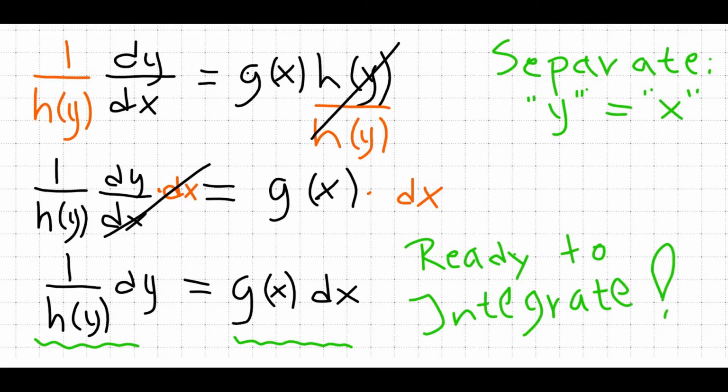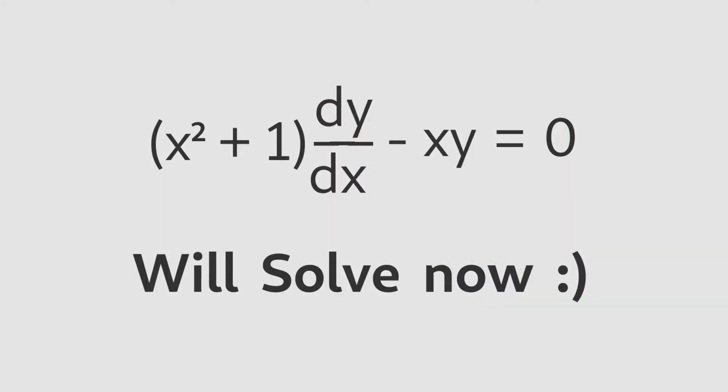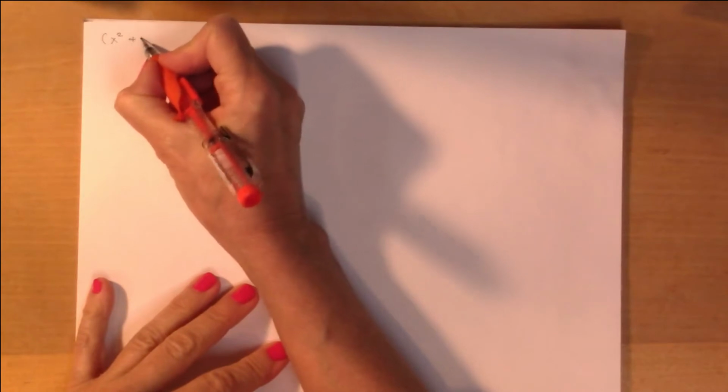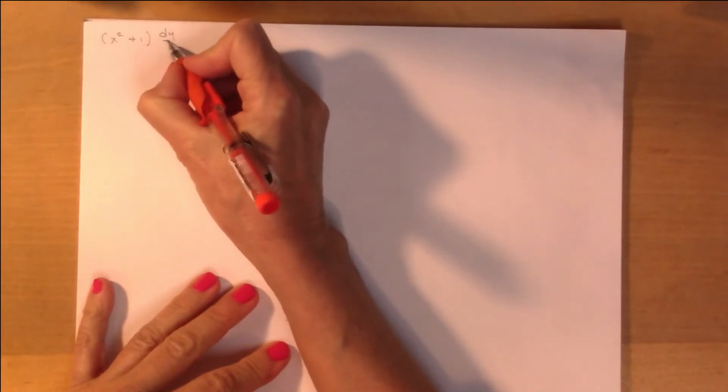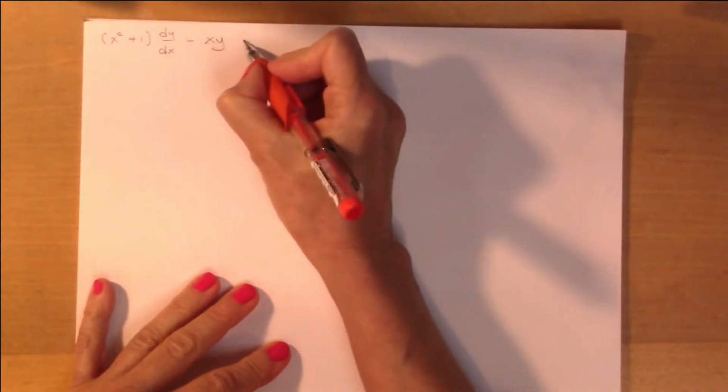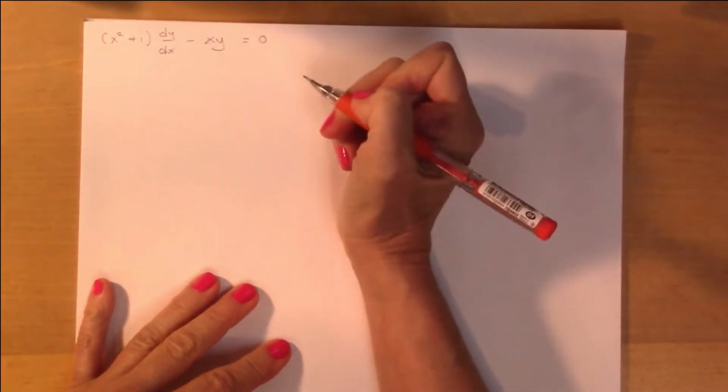And the problem that we will solve is (x squared plus 1) dy/dx minus x times y is equal to 0. All right, you ready? So the problem that we have is (x squared plus 1) dy/dx minus x times y equals 0.